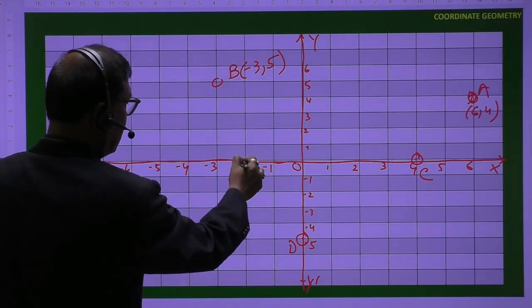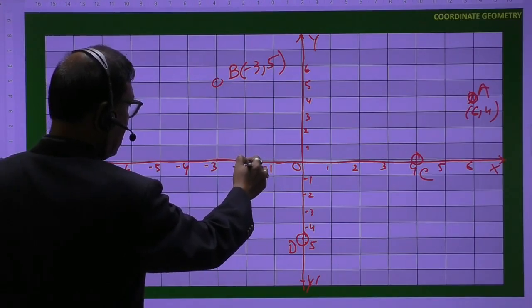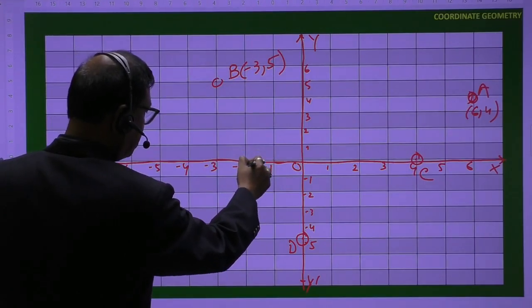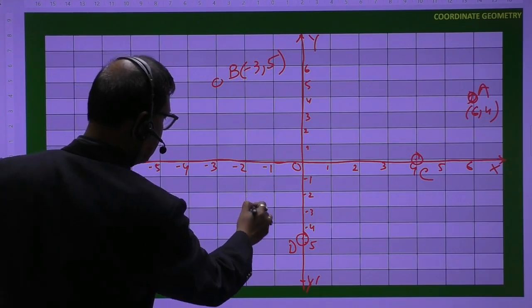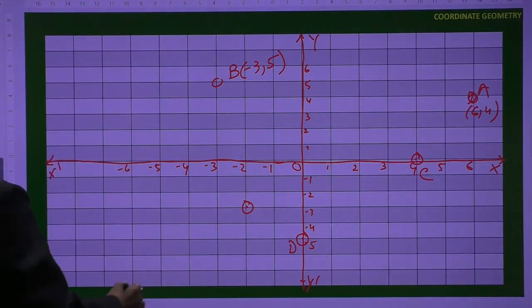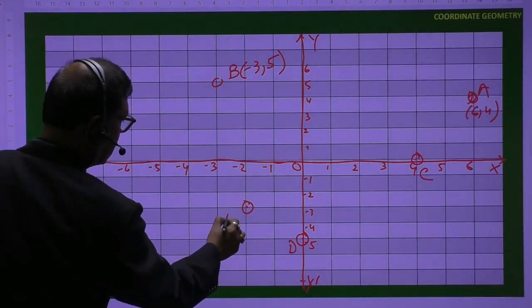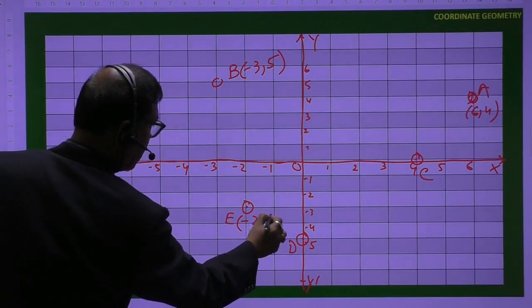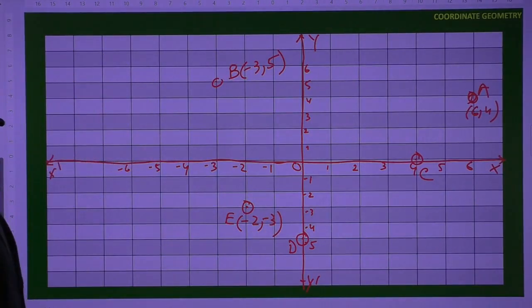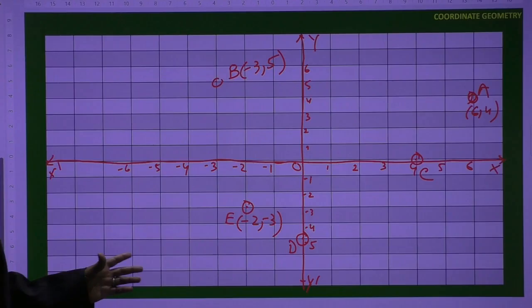Minus 2 means left side, move minus 2 units, and then minus 3 means downward 3 units. That means this point is minus 2 minus 3. Coordinates of E, minus 2 comma minus 3. So like this we can plot the points.